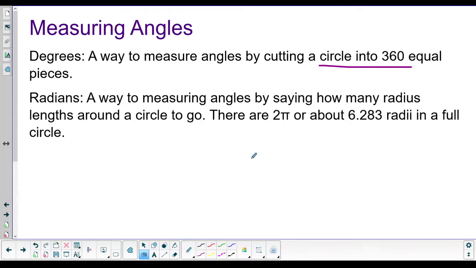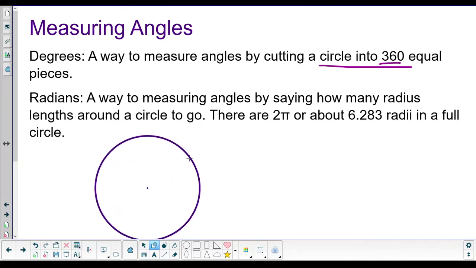Another way that we can measure angles is with radians. And radians, in case you forgot, is if instead of cutting it into 360 pieces, we take a circle. Remember where that center is.